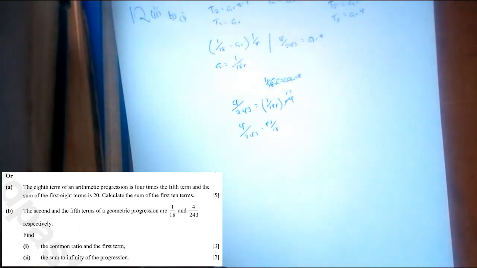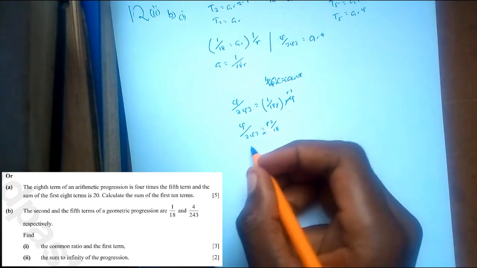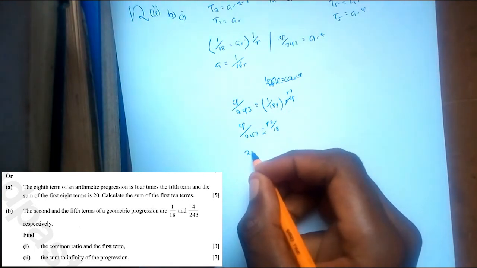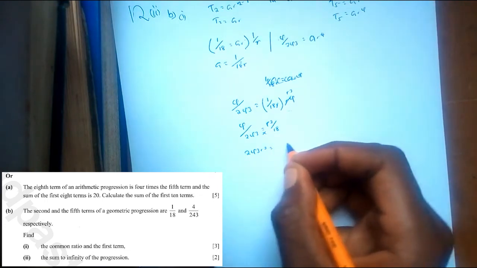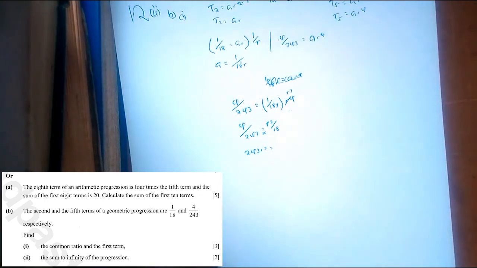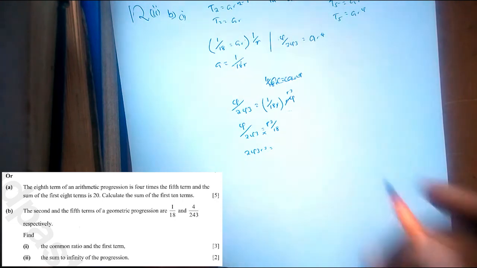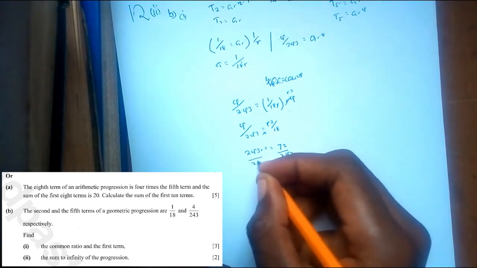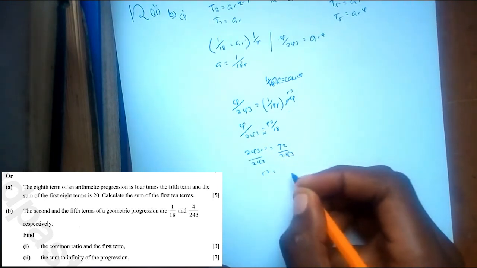We cross multiply this. That will be 243 r cubed is equal to 18 times 4, which is 72. So r cubed will be equal to 72 over 243.